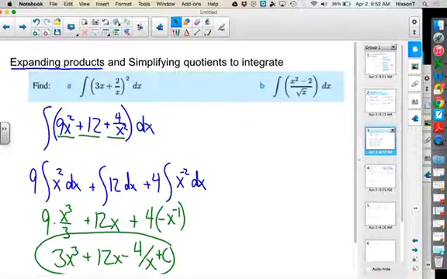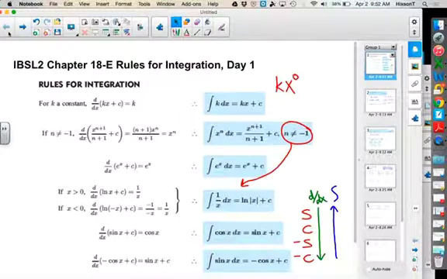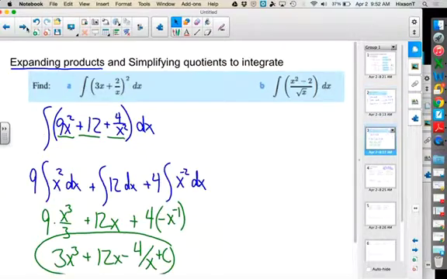Yes. Could you just remind me how you got x to the third over 3? This was our rule for the x to the n. Since it was x squared, we add 1, so it's x to the third, and then you divide by the new exponent. Sure. Okay. Anything else?